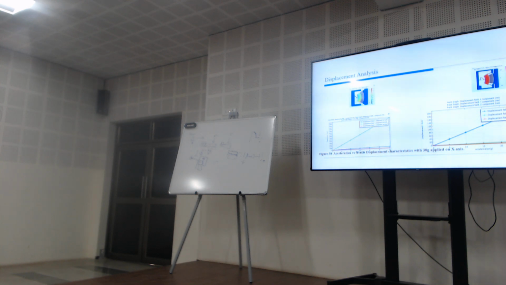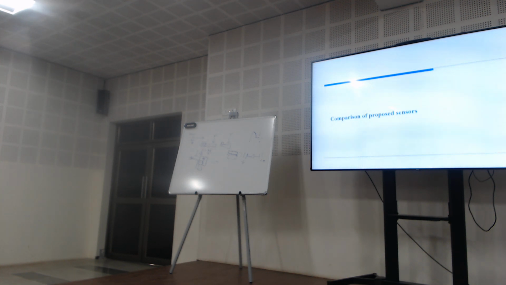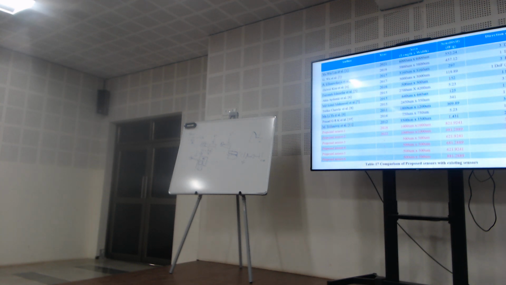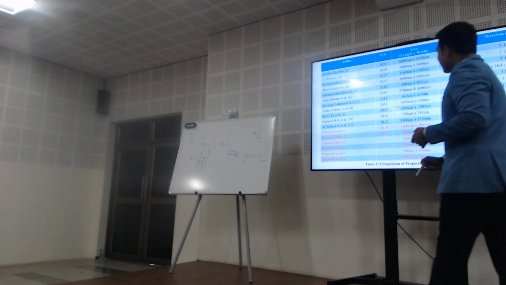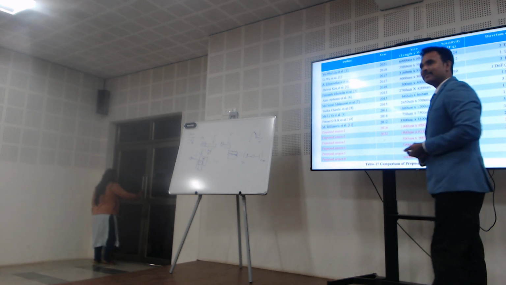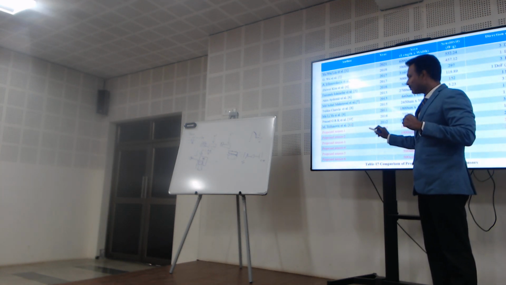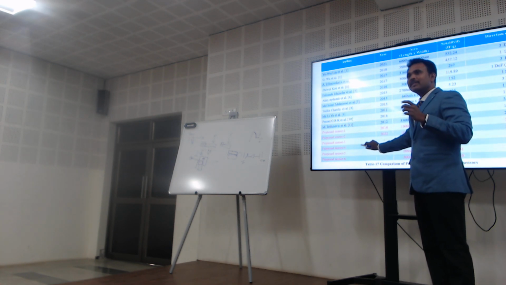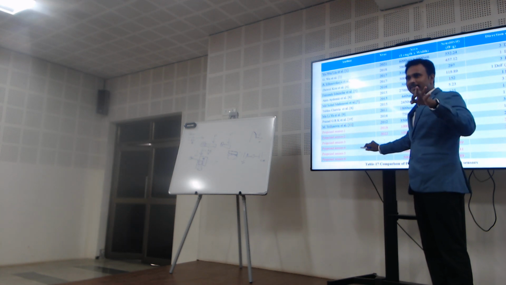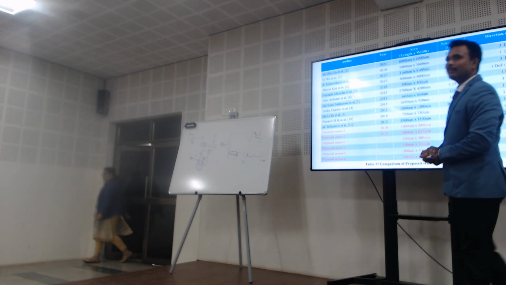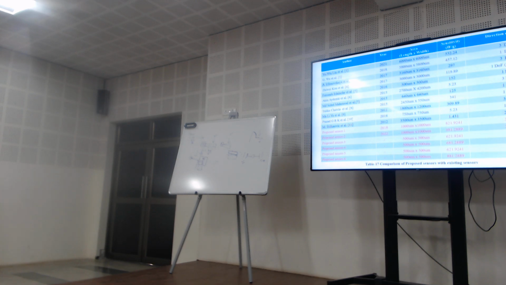So all these are the displacement analysis, graphically and as a comparison. The comparison was done with many existing sensors. So finally, these are totally six proposed sensors. One is a set of eight electrodes, one is a set of four electrodes. This is a single comb with a single suspension beam, a single comb with three suspension beams, straight suspension beams, and the final one with four suspension beams with combs.